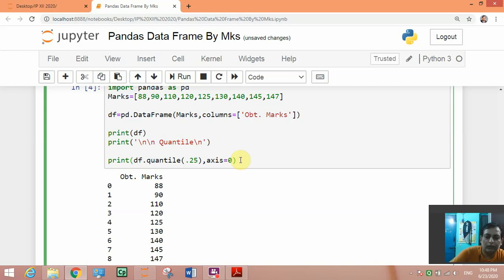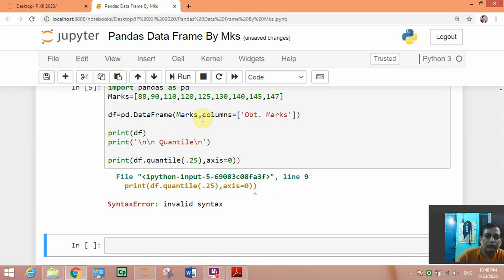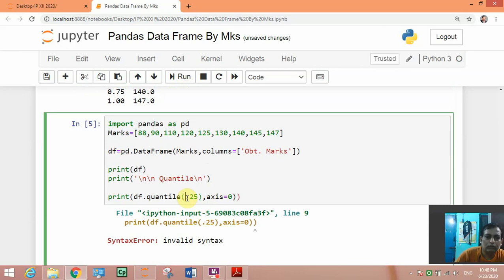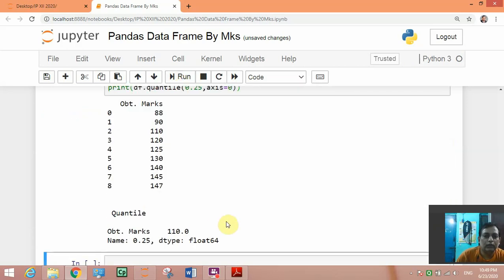One more bracket will be needed. Run again. Invalid syntax. Yes, now it is correct.